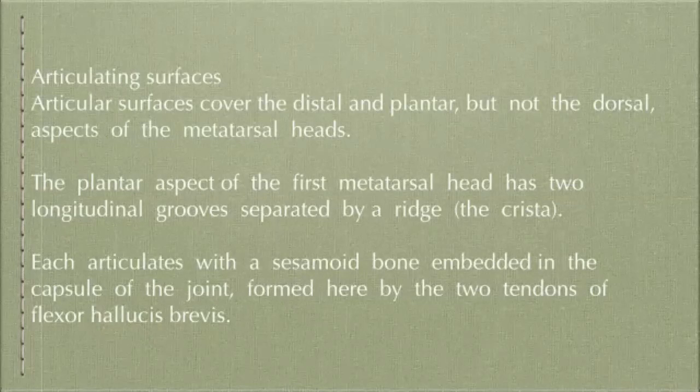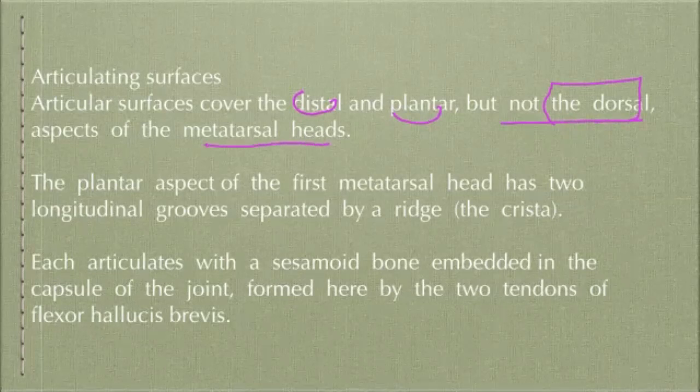Articular surface covers the distal and plantar but not the dorsal aspect of the metatarsal head. The plantar aspect of the first metatarsal head has two longitudinal grooves separated by a ridge, the crista. Each articulates with a sesamoid bone embedded in the capsule of the joint, formed by the tendons of the flexor hallucis brevis.